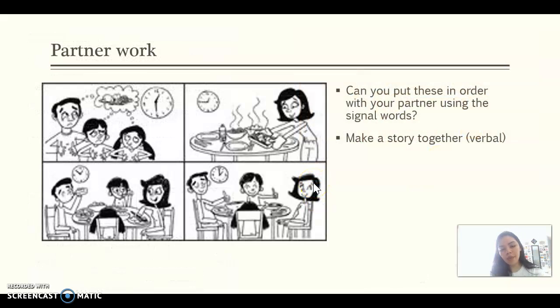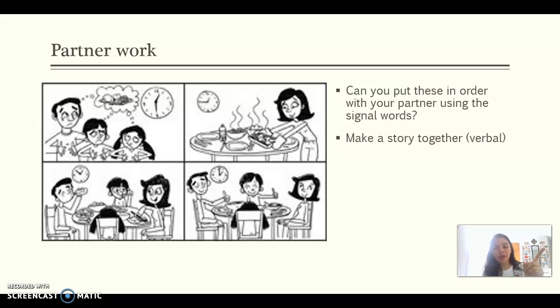After they do that partner work, I would give them another partner activity where they would put these pictures in order. And my original thought, or like what I would want is for each set of partners, they would each have a different set of pictures.